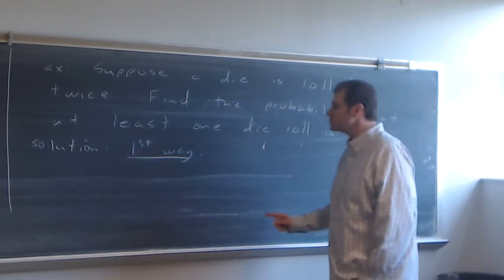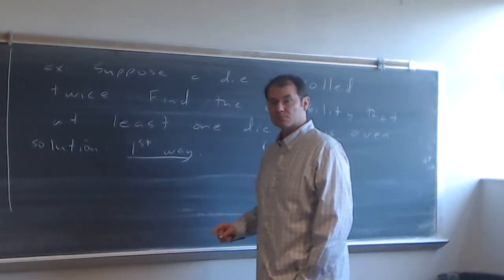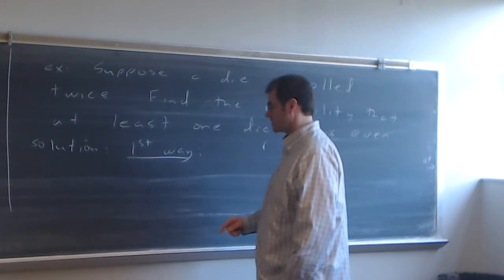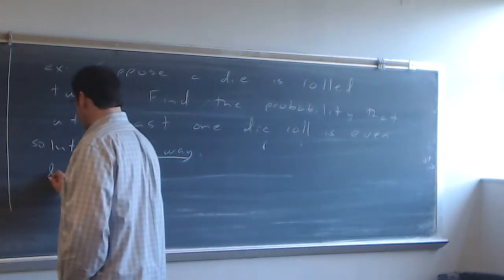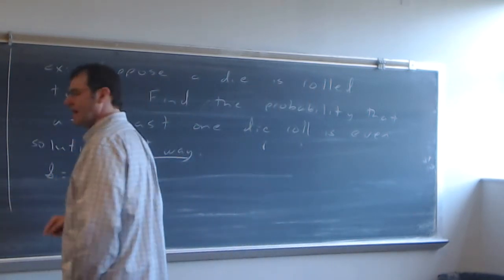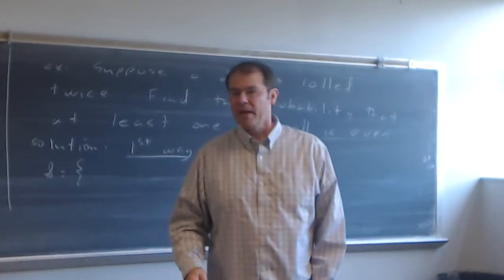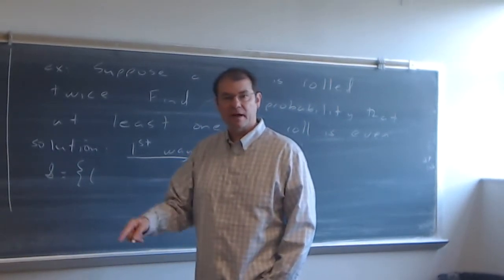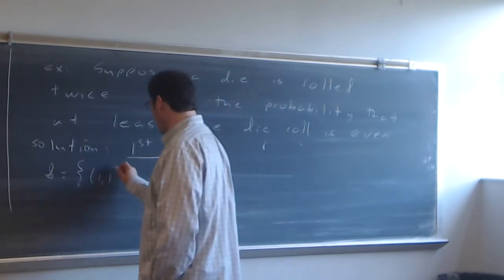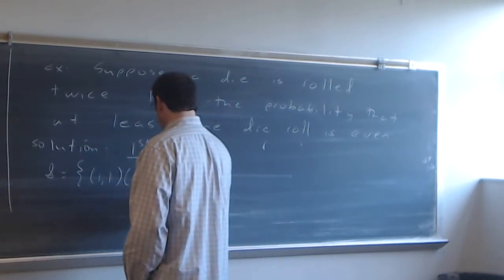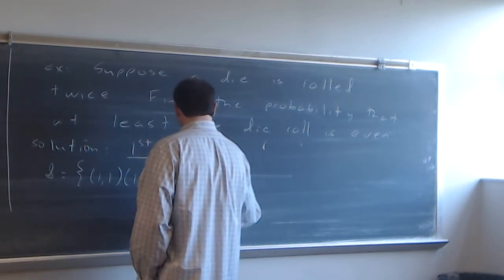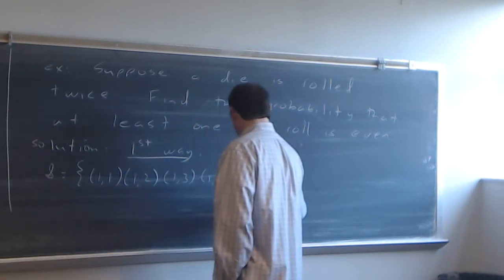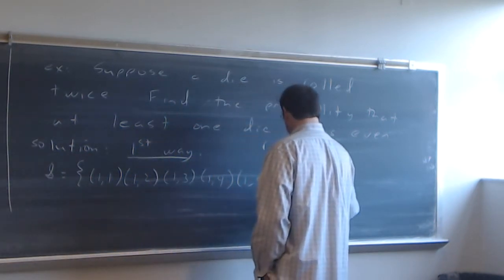I'm going to look at the sample space, script S. We're rolling the die twice, and we can get an outcome on the first die roll and then an outcome on the second die roll. So we can get 1,1, 1,2, 1,3, 1,4, 1,5, 1,6.